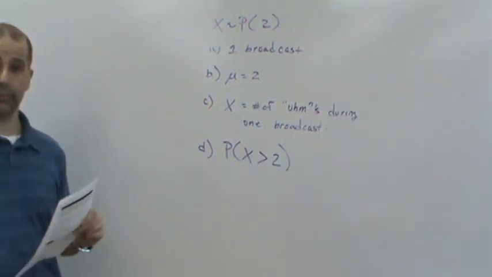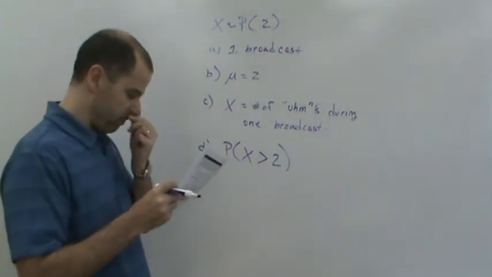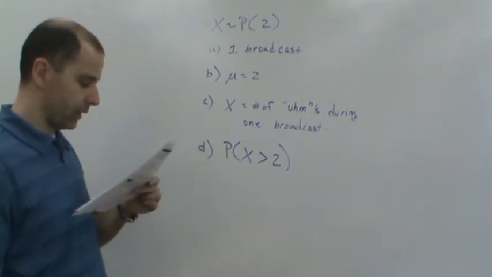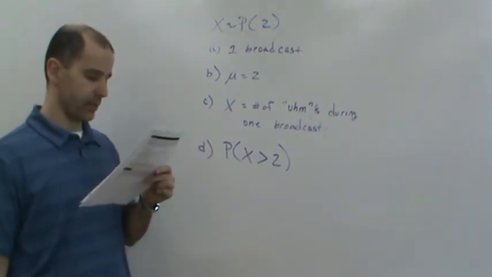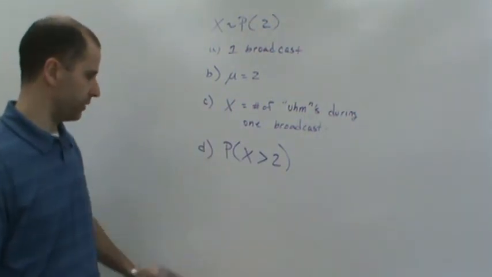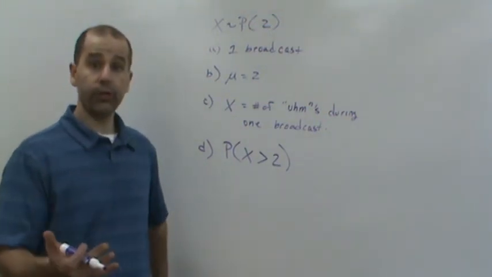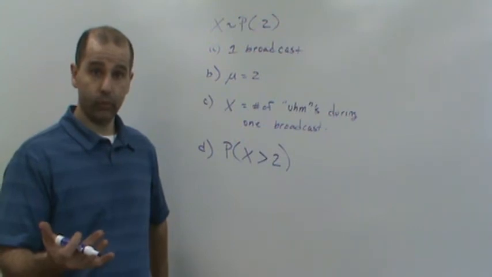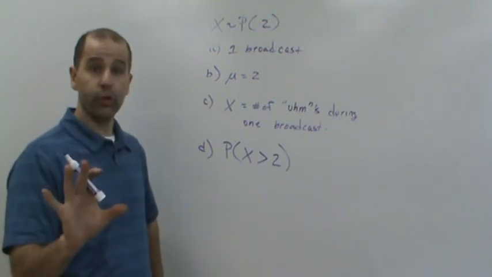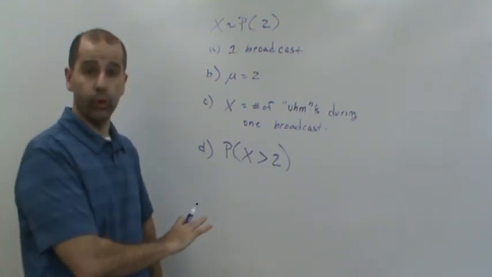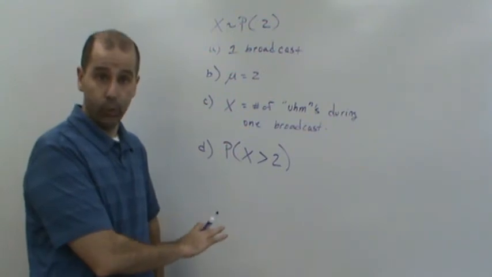That's it. Okay? So now, part E, find the probability that the news reporter says more than 2 times per broadcast. Well, if we were going to use the formula, what would we do? We'd have to use the complement rule here.